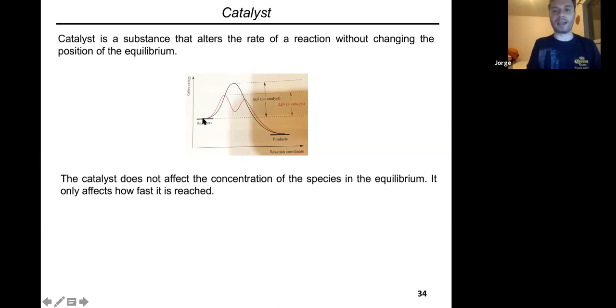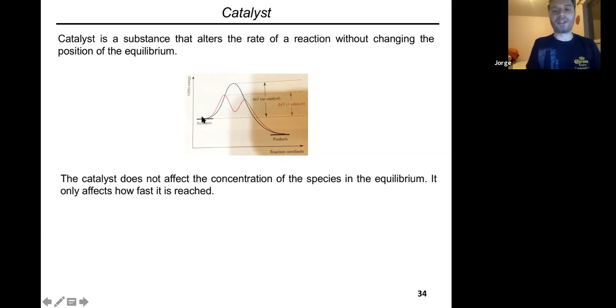The black line is the reaction in the absence of catalyst, so the activation energy is the energy from this point all the way to the top of the curve.